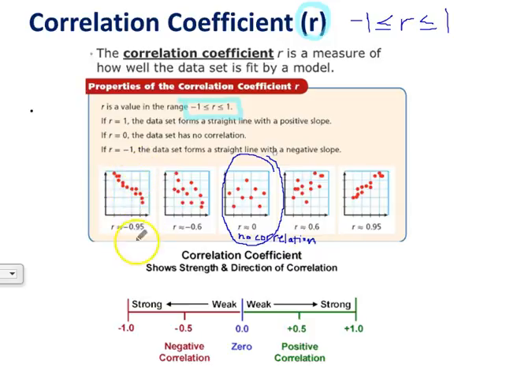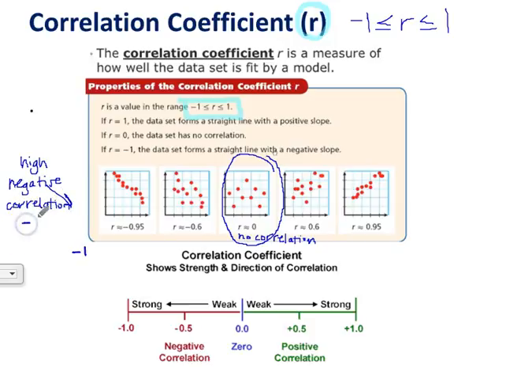So if we're close to -1, like in this diagram where r is equal to -0.95, negative means that we're decreasing, so it would show a high negative correlation.